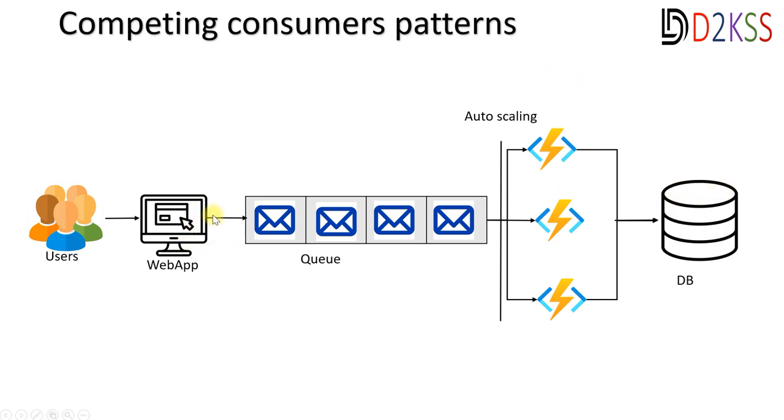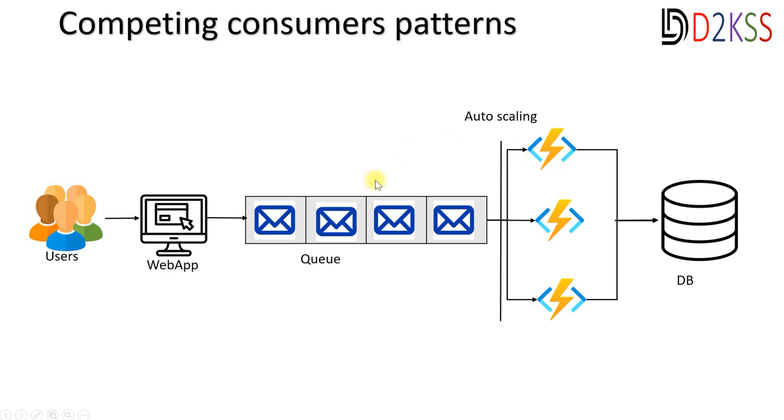It will not wait until that. It will just insert the data into the queue and give the response back to the users. And this particular Azure function will read the queue and process those messages. So there is no coupling, there is no dependency between the web app and these Azure functions.